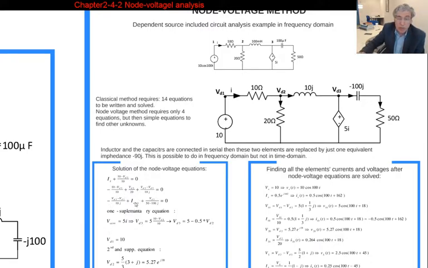In the definition relation you cannot see this element's current. What you see in the definition relation is that this current controlled voltage source voltage is equal to 5E. You can write that. This E is another element's current. So in this definition relation, you cannot see this element's current.